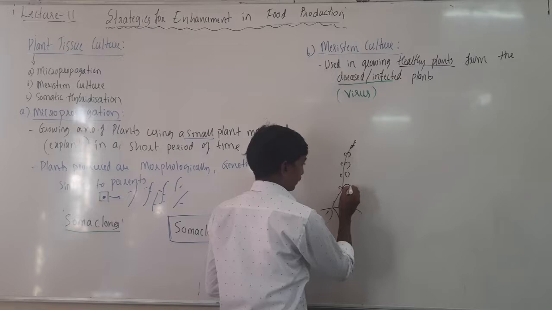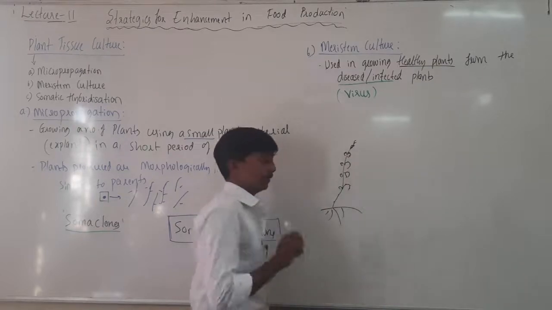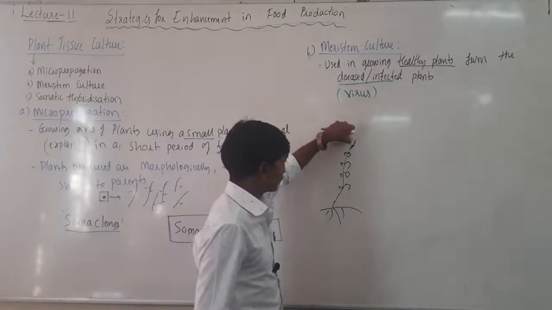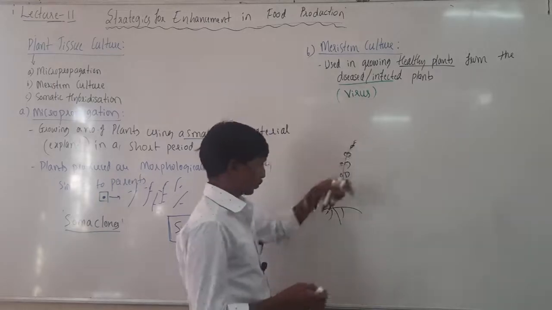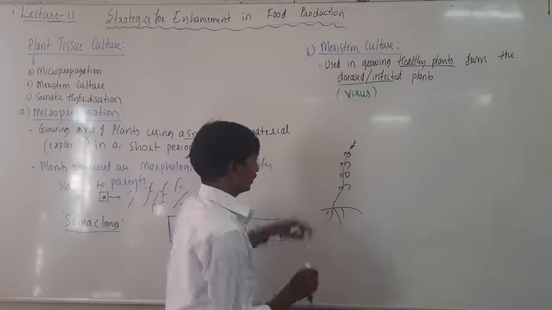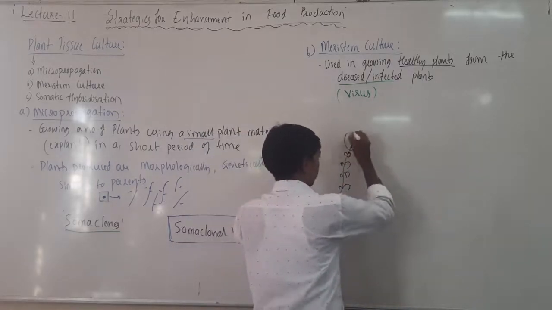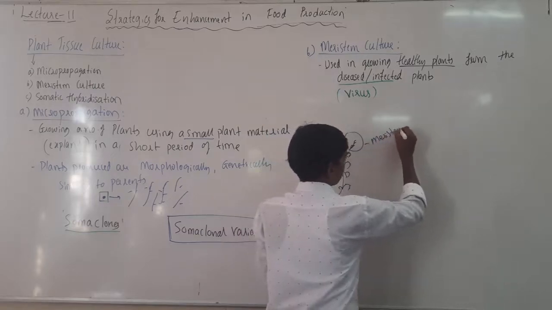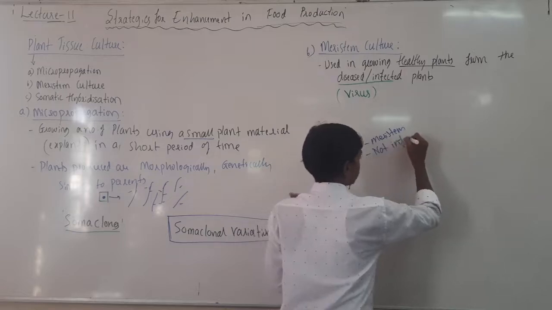But remember, the virus will not infect the meristem, the tip, either the root tip or the shoot tip or any apical or axillary meristem. So this plant part, mainly the meristem part, is not infected by viruses.